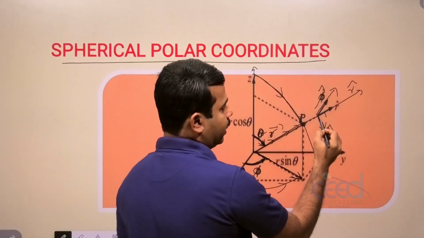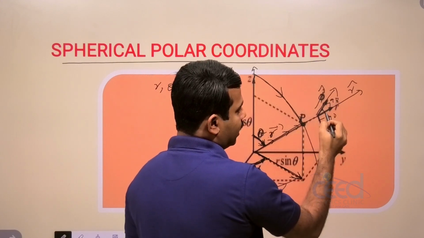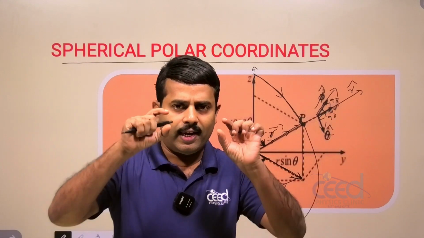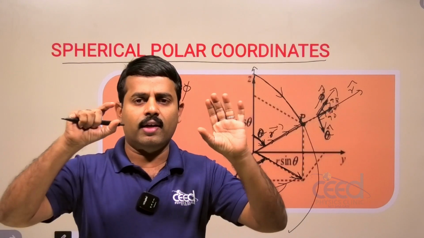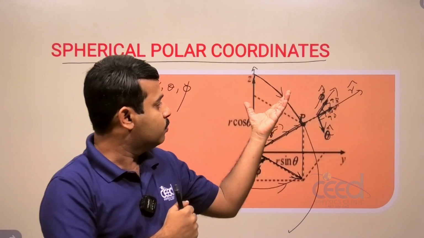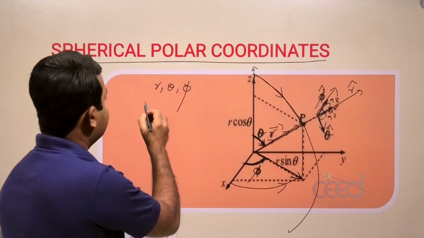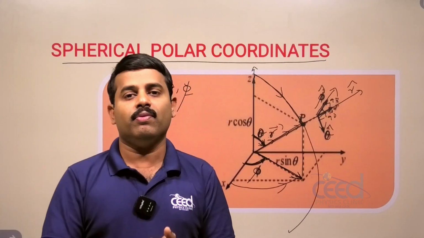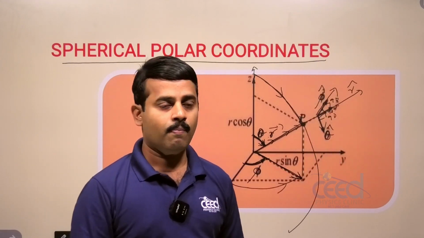This angle is 90 degrees, this angle is also 90 degrees, and this angle also 90 degrees. That means, like the Cartesian coordinate system where different axes make 90 degrees between them, similarly in the spherical coordinate system the coordinates r, theta, phi also make 90 degrees between them. That is very important.